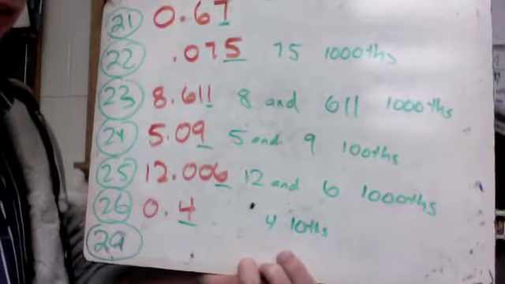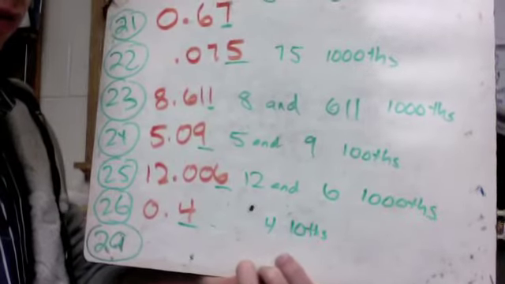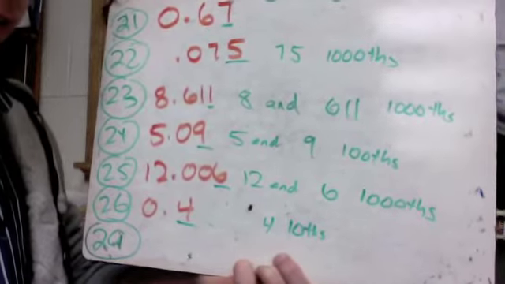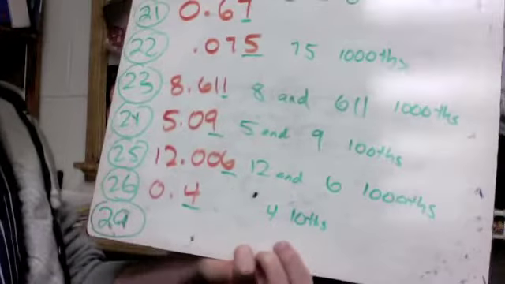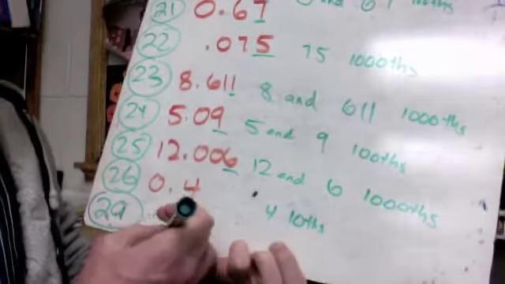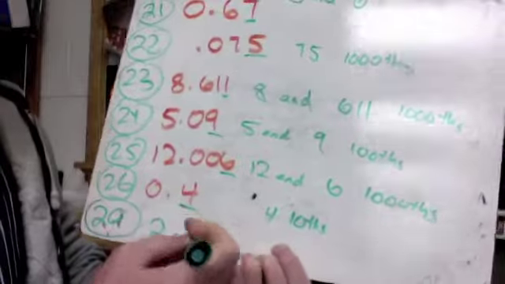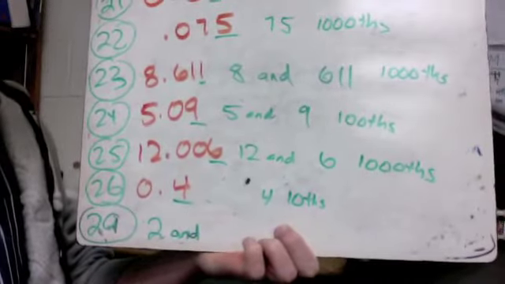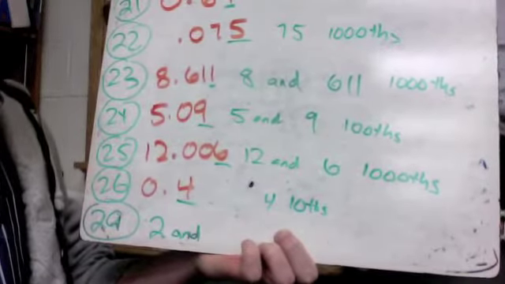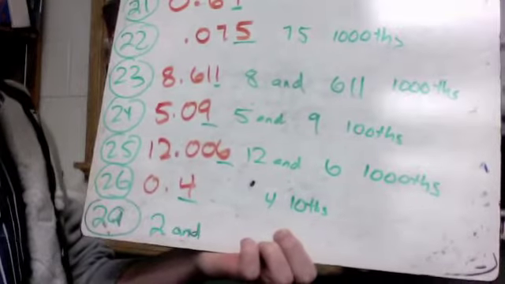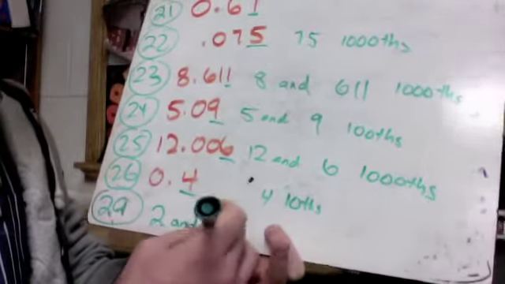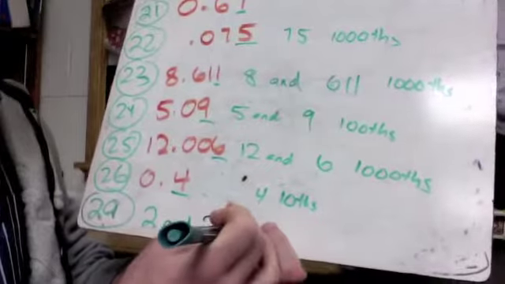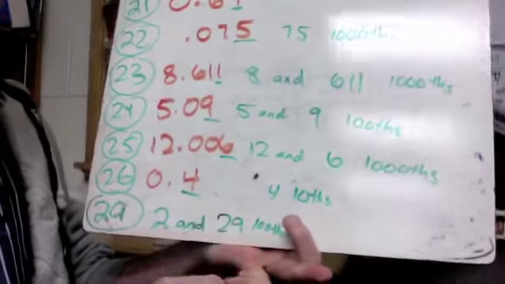Now for 29, the very last one, choose the decimal form for 2 and 29 hundredths. Okay, so we need 2 and 29 hundredths. So we know it's going to start with 2 and. Okay, 2 and 29 hundredths. So in word form, that's just going to look like 29 hundredths. Now we need to pick it apart and put it in number form.